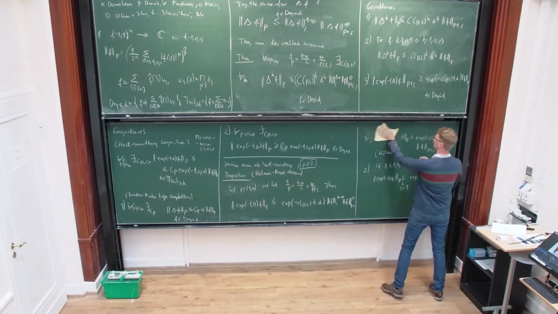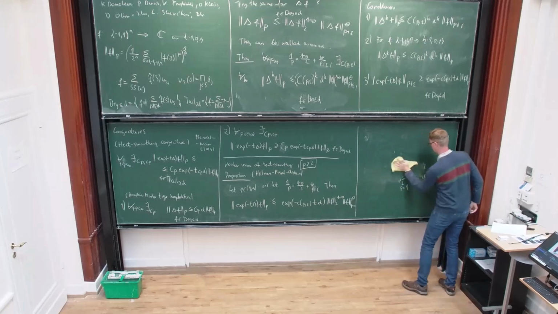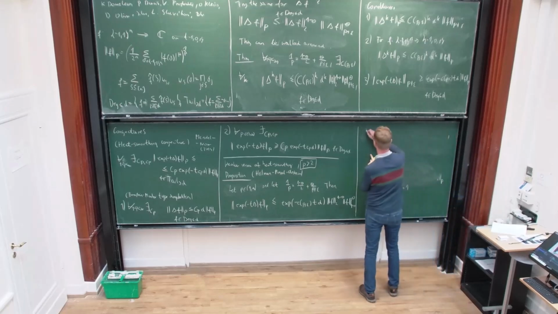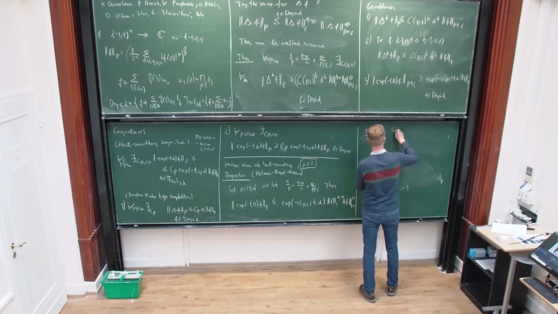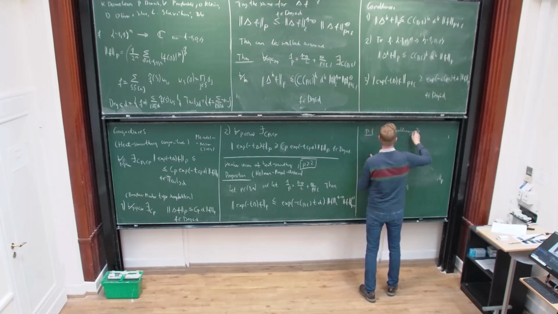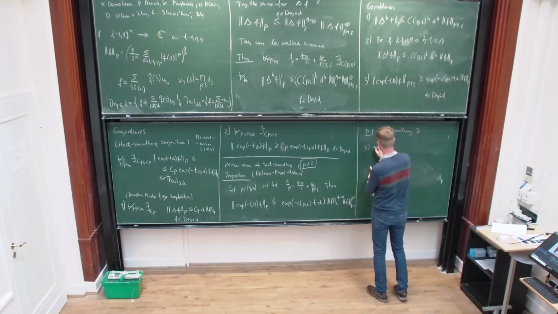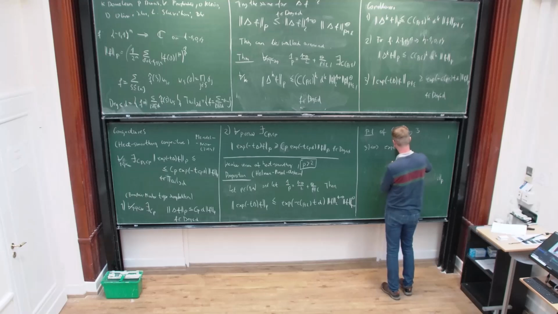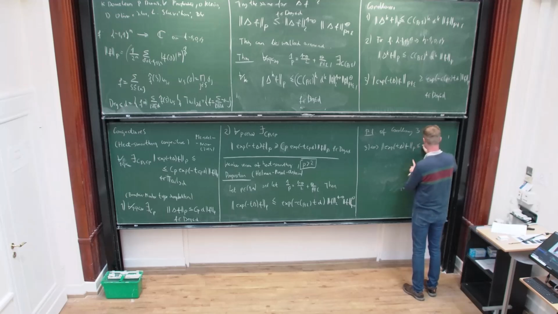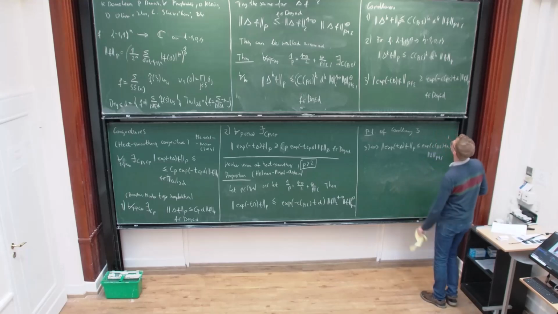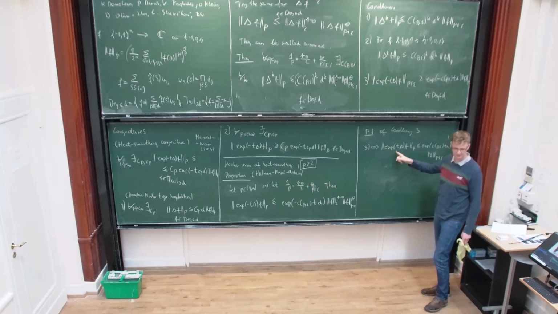Okay, so proof of corollary 3. Okay, so 3 is equivalent to this statement. And this statement just follows if you expand the exponential function in the Taylor series and use the previous.